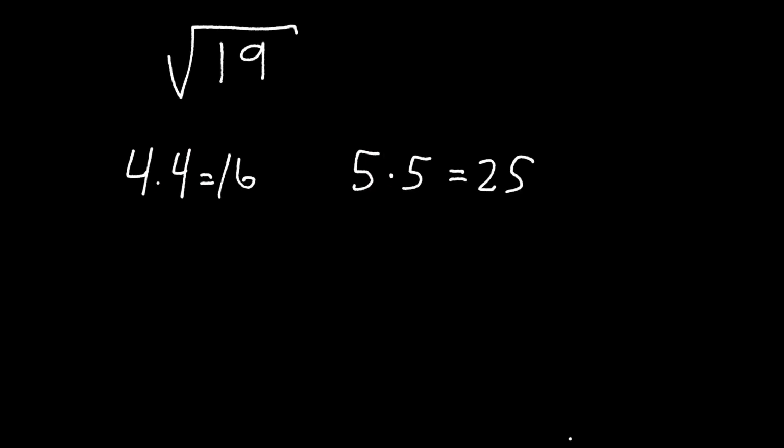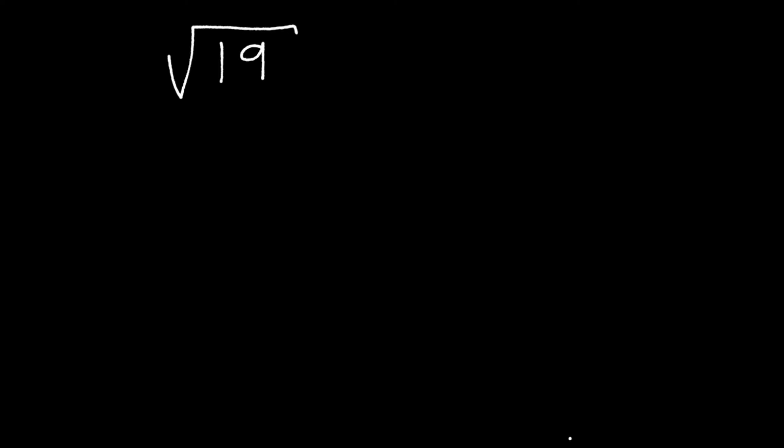If we want to get even closer to what the actual square root is, well then we're going to have to do some guessing and checking. We're going to have to say, well, what is 4.2 squared? And if I were to work that out, we would get 17.64, which is close, but we probably want to see if we can get closer.